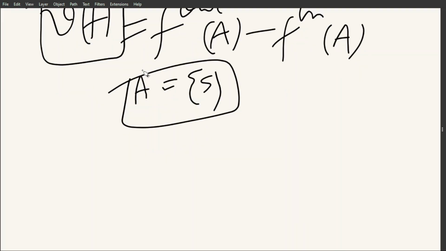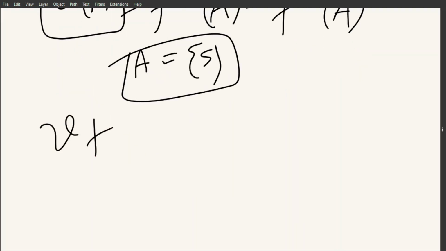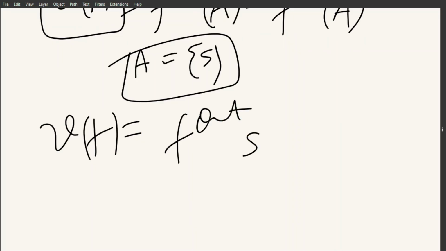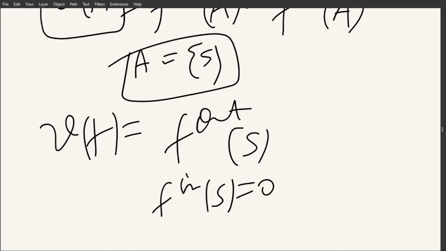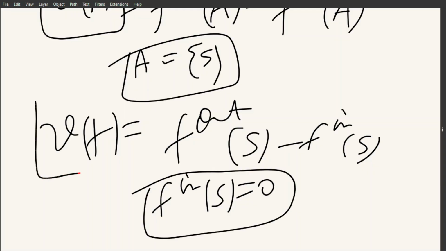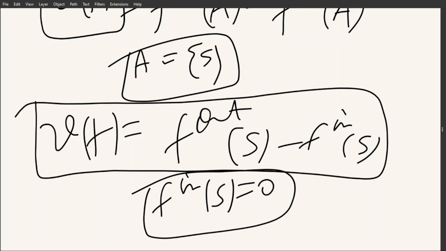As a special case, we get the value of the flow as f out of S, because nothing flows into S; f in of S is 0. So you can also write f out of S minus f in of S, because f in of S is 0. These are two equivalent definitions.